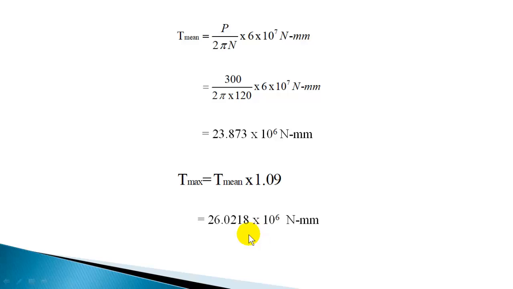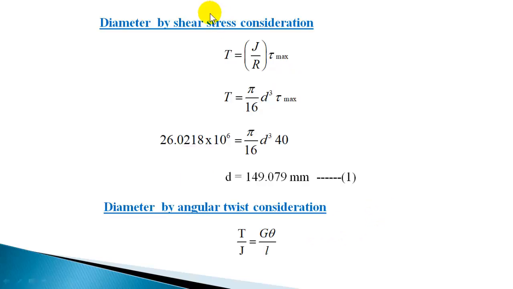So we have to find out the diameter of the shaft taking this torque into consideration. Now let us go for the first constraint, shear stress consideration. So you have to find out the diameter of the shaft by taking the shear stress consideration.